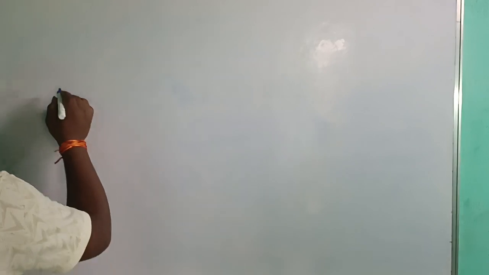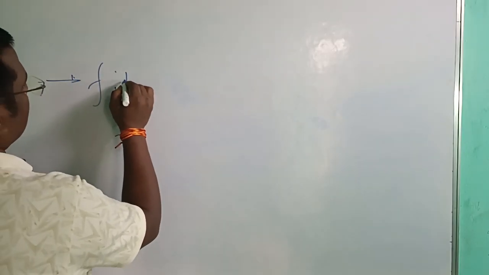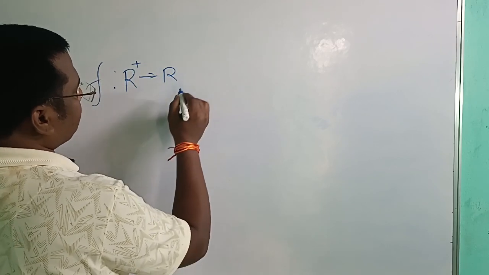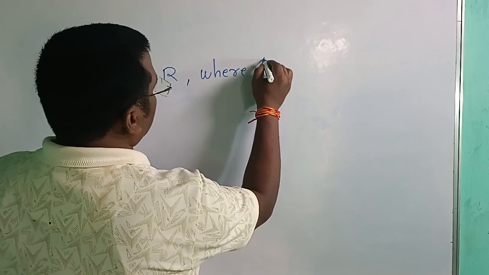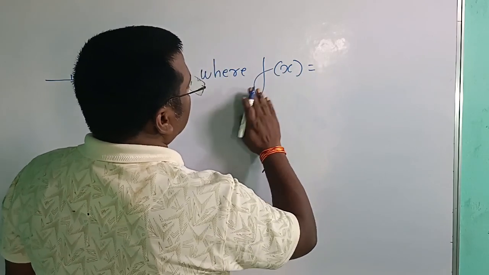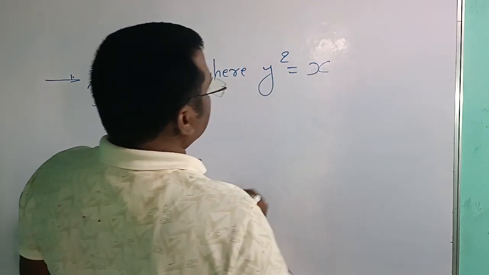So we have discussed that a function should not be multi-valued. Let us consider f is a function from R plus to R, where y squared equals x.